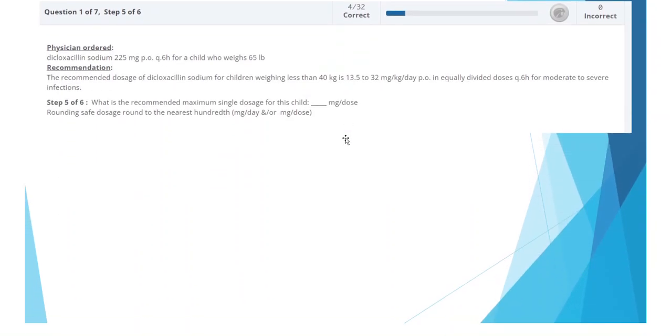And then the next step. What is the recommended maximum single dose for this child? So it's in milligrams per dose. Again, I know I have 944 milligrams per day. And from the previous slide, we know that if we take the 24 hours, divide it by every 6 hours, we get 4 doses per day. So just like I did with the minimum, I'm going to divide this by my 4 doses per day.